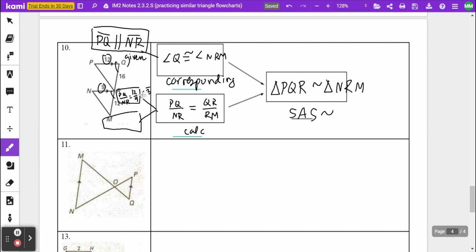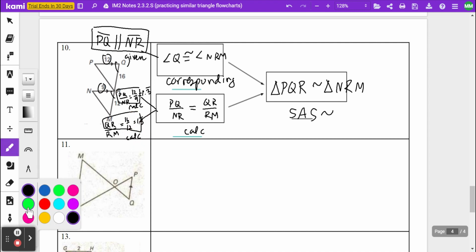Okay. And that's by calculation. And QR over RM is 16 over 12. That's 4/3 again. That's 1.3 repeating by calculation.